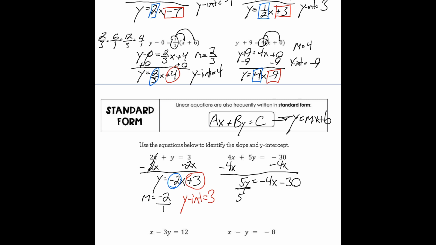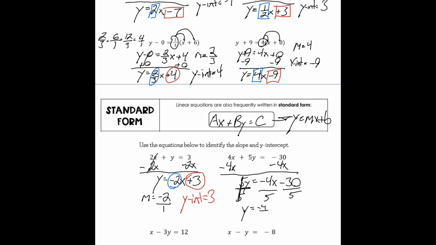For right now, I am going to split it up so that we can see where our numbers are coming from. 5 divided by 5 is just 1. So those go away, and I'm left with 1y equals negative 4 divided by 5. If I punch that into my calculator, I'm going to get a bunch of decimals, and I don't want that, so I'm just going to leave that as a fraction.